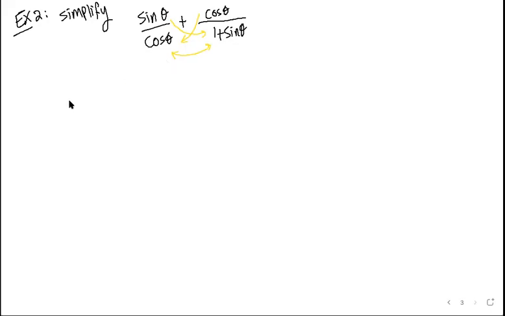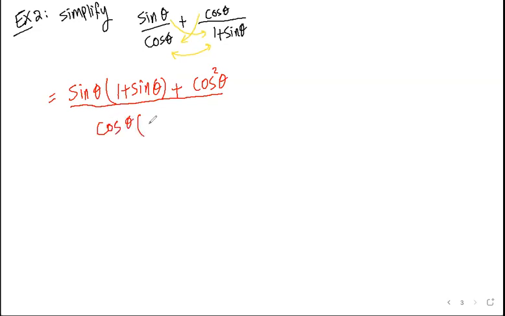So sine times 1 plus sine, I mean sine of theta times 1 plus sine of theta, plus cosine squared, because cosine times cosine is cosine squared, over cosine theta times 1 plus sine theta.